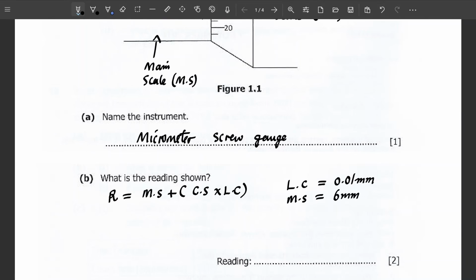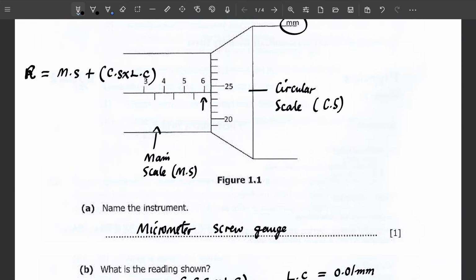Then we also need to read the circular scale. The circular scale reading is read from a line.